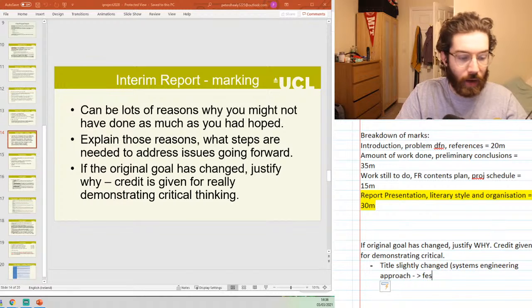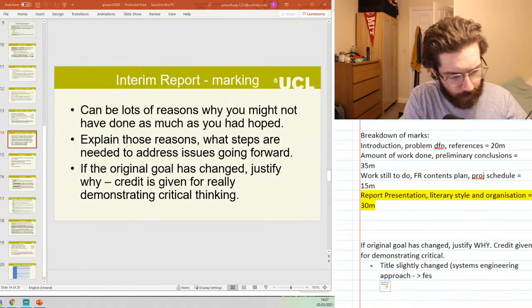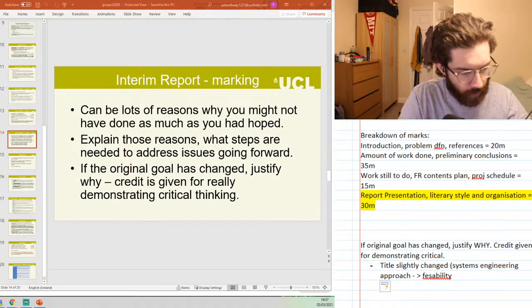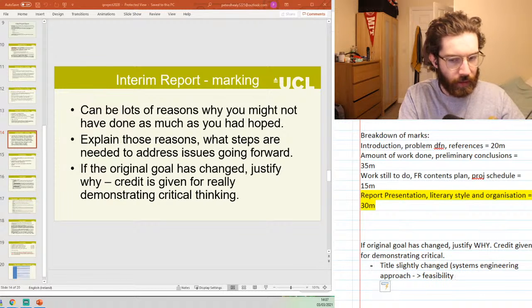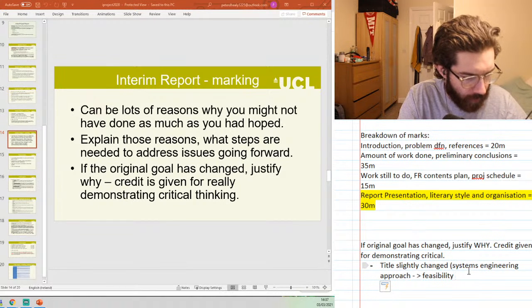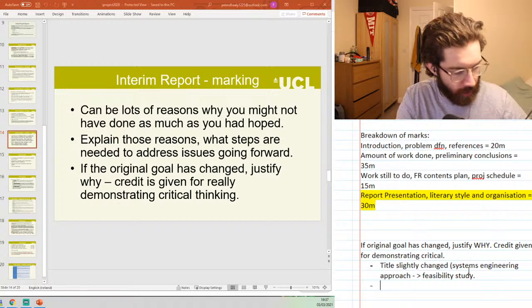Oh, I'm not gonna spell this. Feasibility. Is that it? I feel like there's an I somewhere. There we go. To a feasibility study. So that's one thing that we changed and we can talk about that in the report.